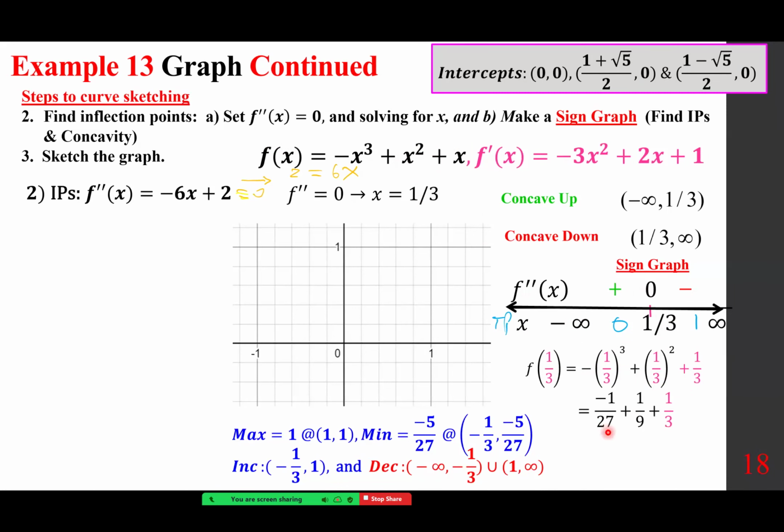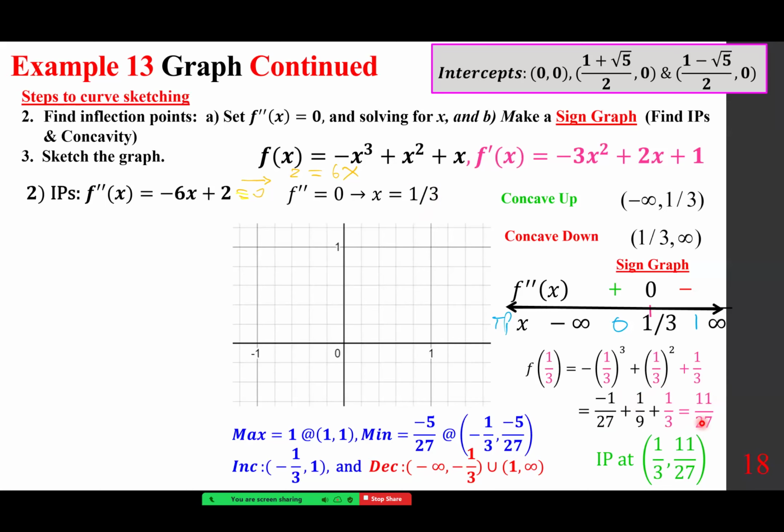Again, 27 is the common denominator. So this is -1, this is 3 over 27, this is 9 over 27. So -1 plus 3 plus 9 makes it 11 over 27. So the inflection point is located at x equals 1/3, y equals 11 over 27.